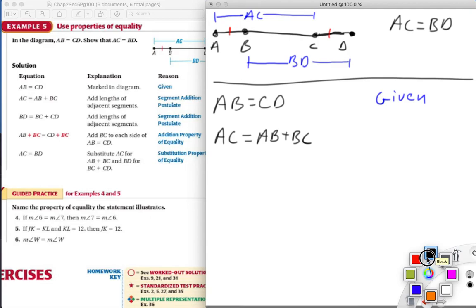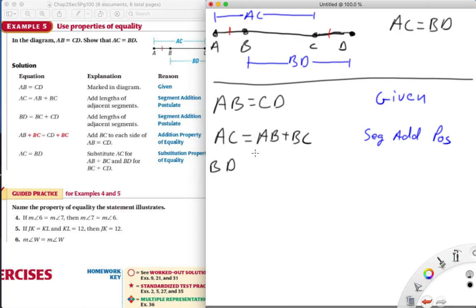That's given. That's the segment addition postulate. Okay. We also know from the segment addition postulate that BD is equal to BC plus CD.